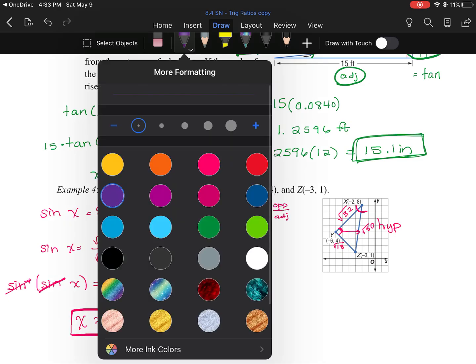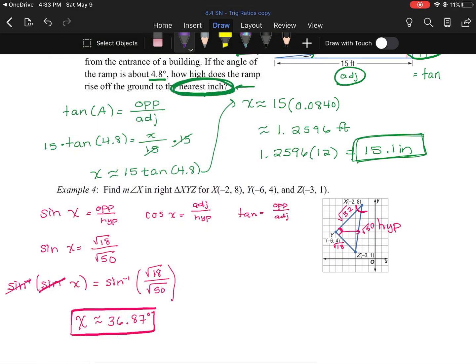Okay, I'm going to do the same thing for cosine now. I'm going to do it in a different color so it's a little bit easier. So we're going to do the cosine of x, and now this is the adjacent side. So square root of 32 divided by hypotenuse, square root of 50, and x is going to equal the cosine inverse of the square root of 32 over the square root of 50.